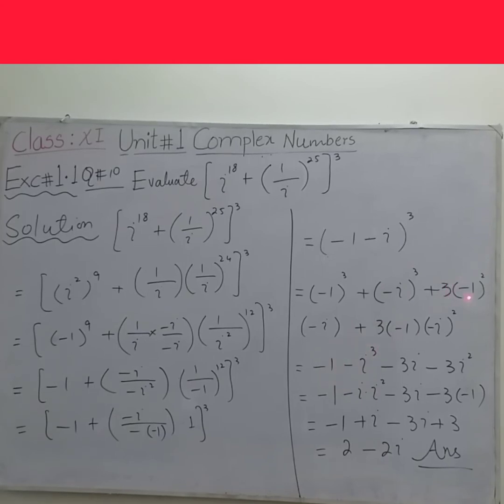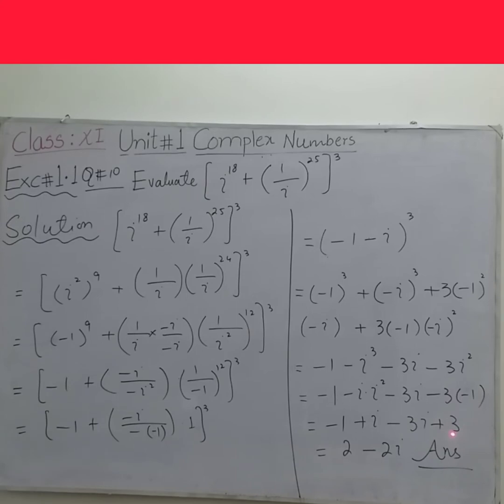Here 3 into (minus 1) square, 3 into minus iota, gives minus 3 iota. And here we have minus 3 iota square. Writing iota cube as iota into iota square, and putting iota square as minus 1, we have minus 1 minus iota into minus 1, minus 3 iota, minus 3 into minus 1, which gives plus 3.